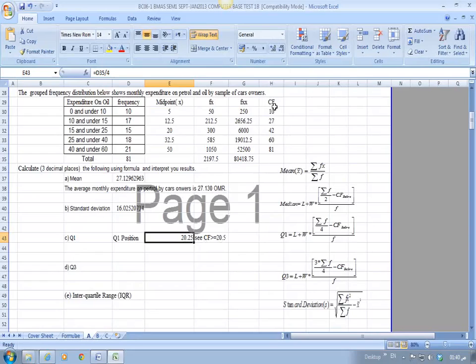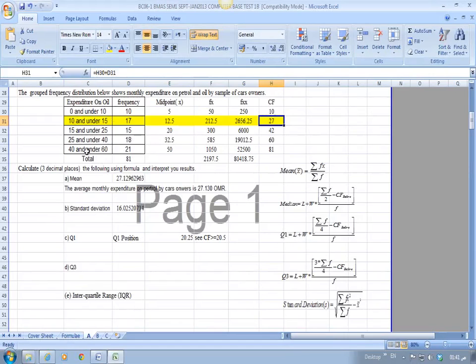See here, from the top, the first CF is less. We want to see the first CF from the top that is greater than or equal to 20.25. So the first one is this one. I am highlighting it, and in the same line, this one is CF, and here you will find the lower limit of the class.